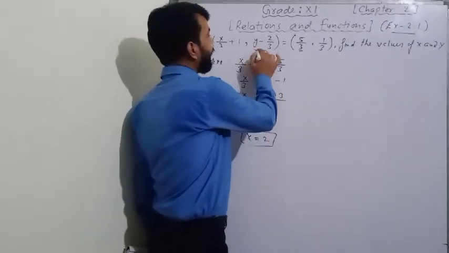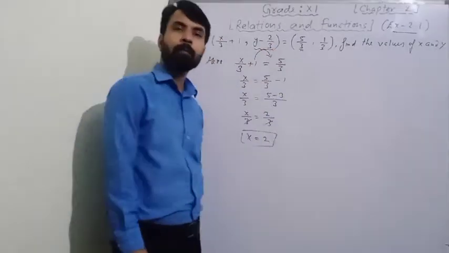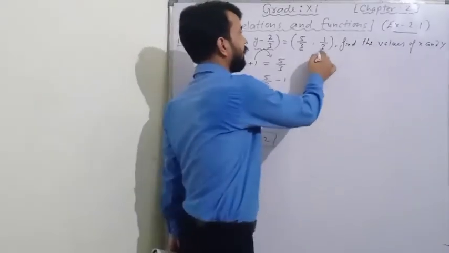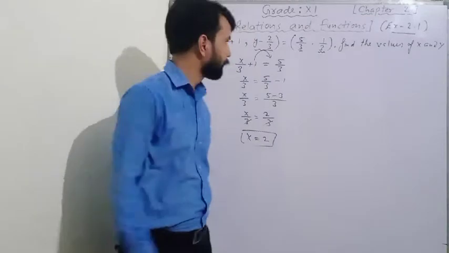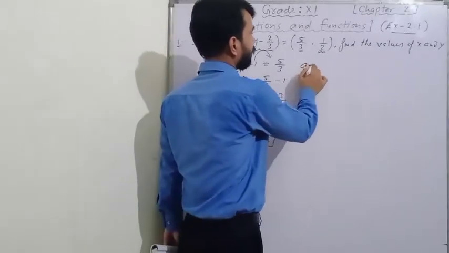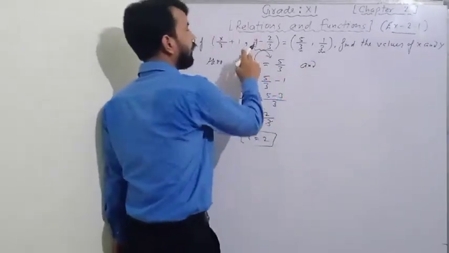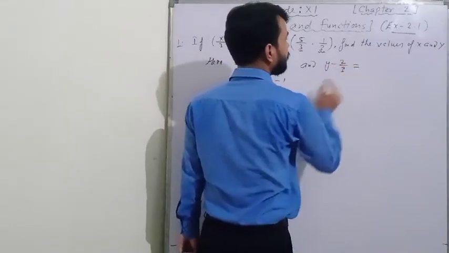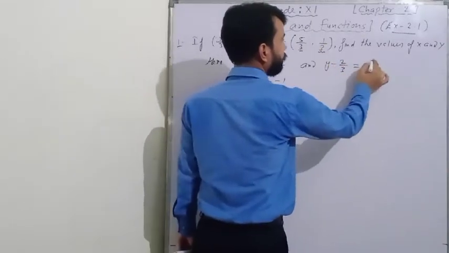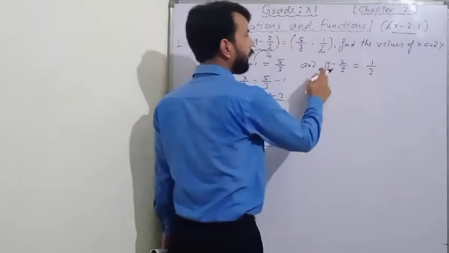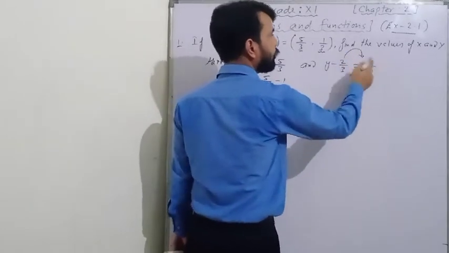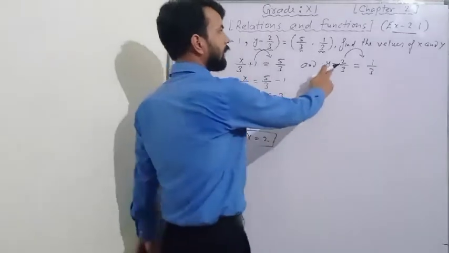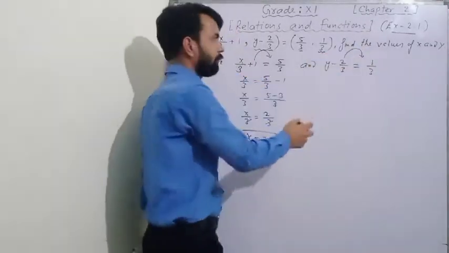So beta, the second element of the first ordered pair must be equal to the second element of the second ordered pair. The second element is y minus 2 upon 3. y minus 2 upon 3 is equal to 1 by 3. We have to find y, so this 2 upon 3 will be shifted to the right hand side. This is negative, so it will be positive.